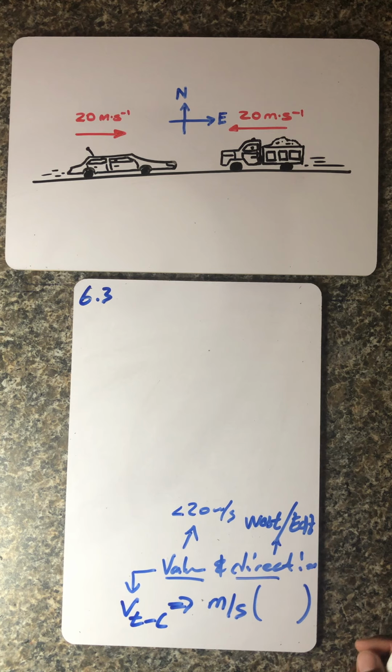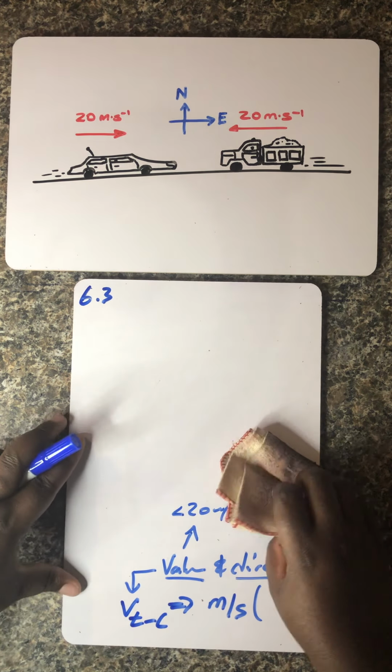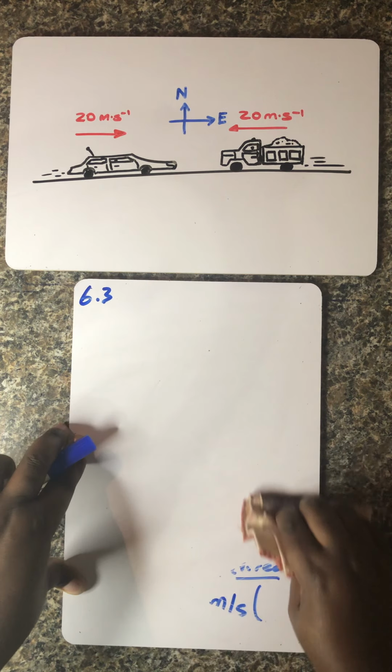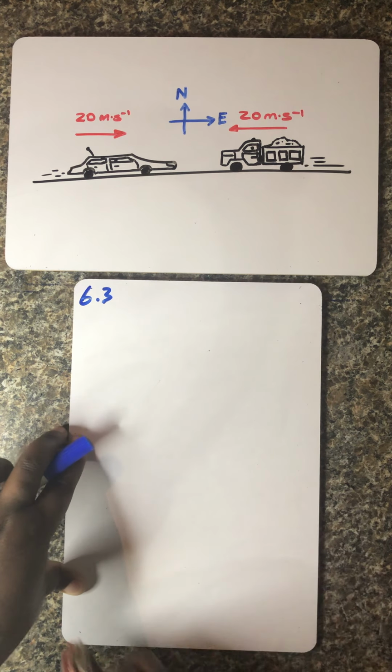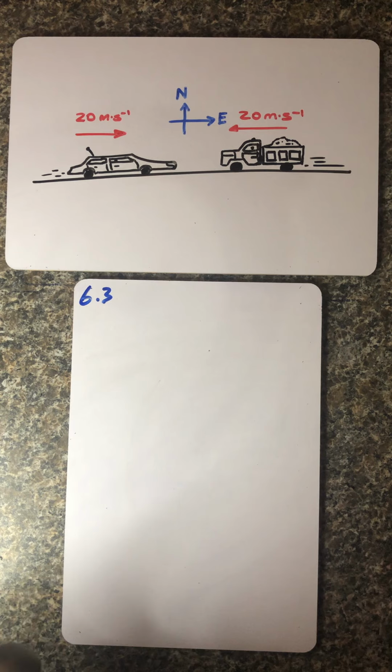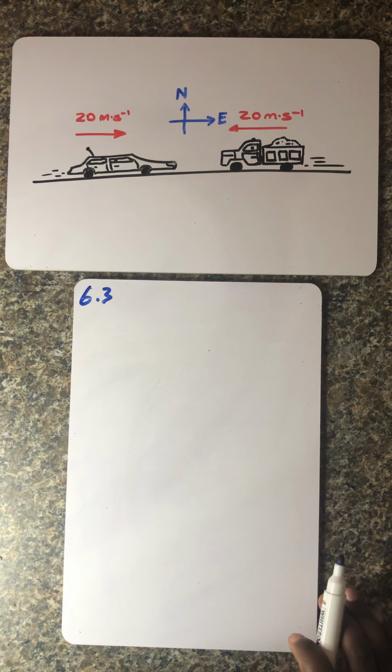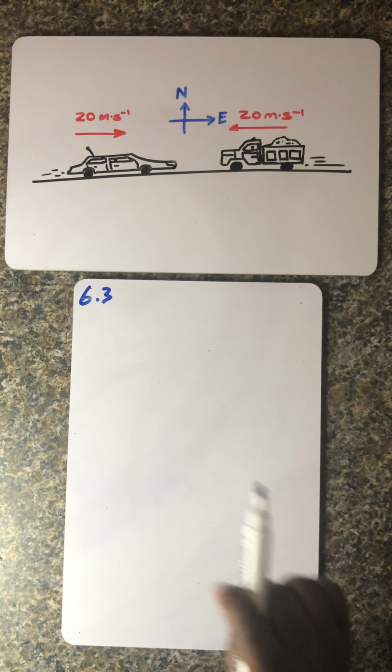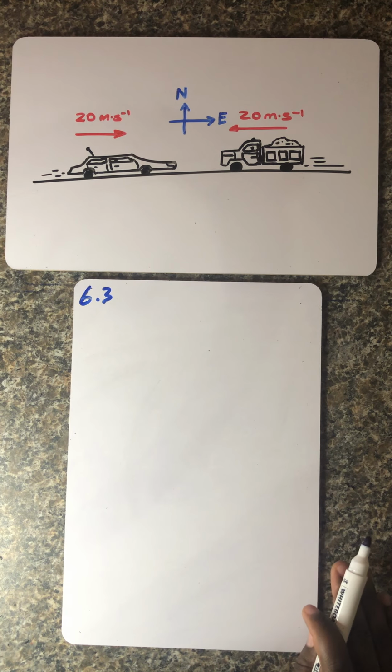So you just need to apply your mind on this type of question. There's no way after collision a velocity can increase. So this serves as a guide that if we get a velocity greater than 20 meters per second, then we should suspect that something went wrong during our calculations.